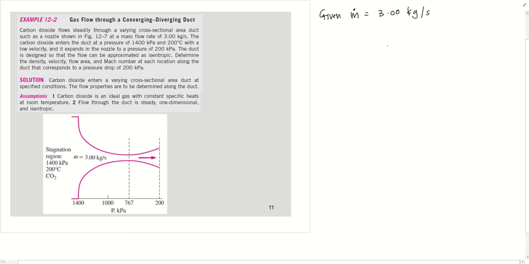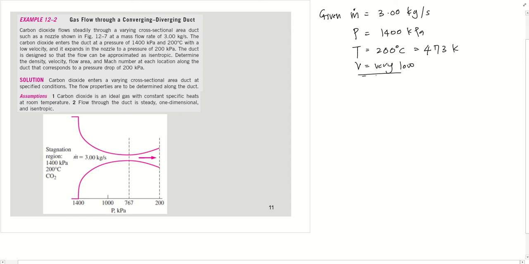The carbon dioxide enters the duct at a static pressure of 1400 kilopascal and 200 degrees Celsius, or equal to 473 Kelvin, with a low velocity. V is very low.